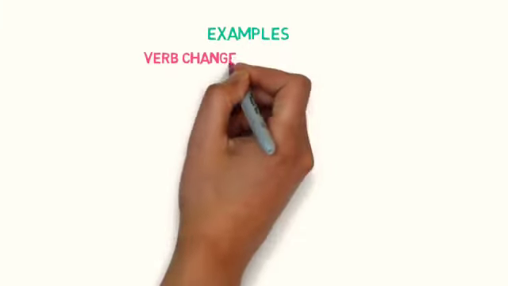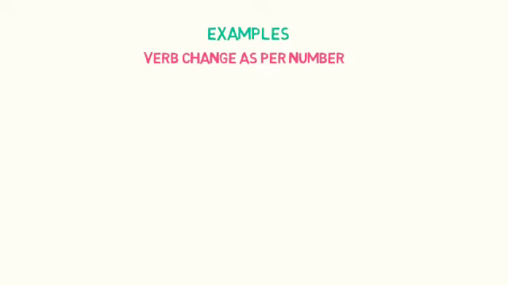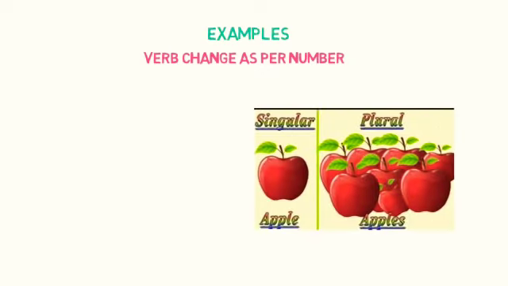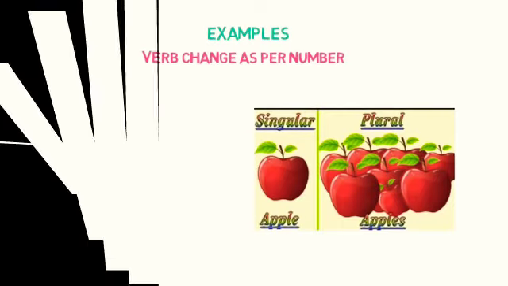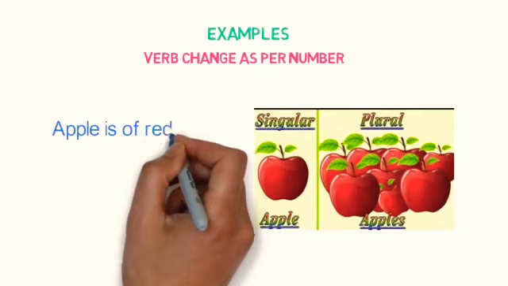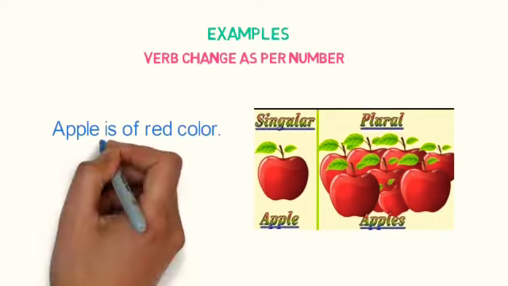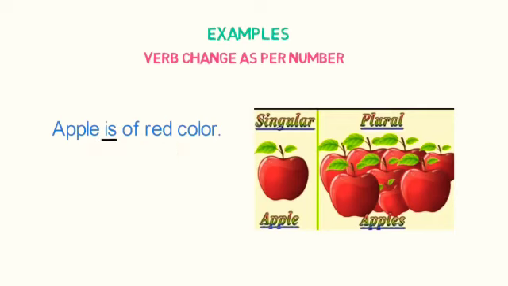Now let's look into an example of a verb changing as per number, that is, singular or plural. Apple is of red color. The subject apple is singular. Here the verb is is. Now let's look into another sentence.